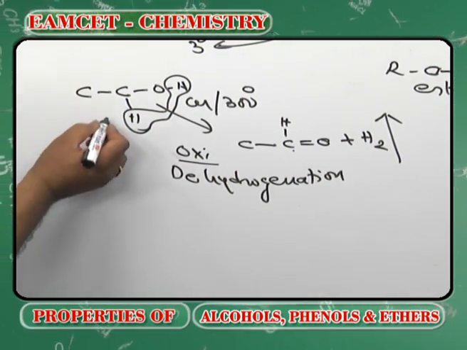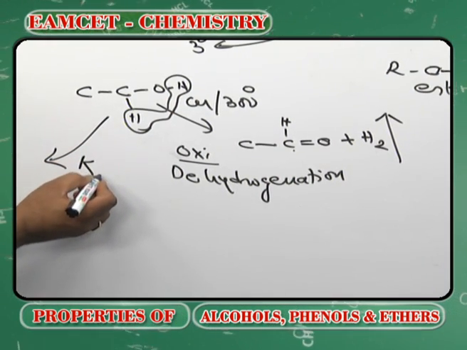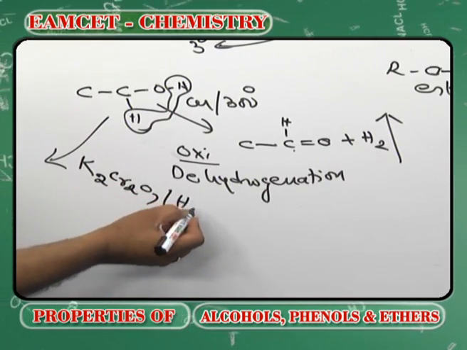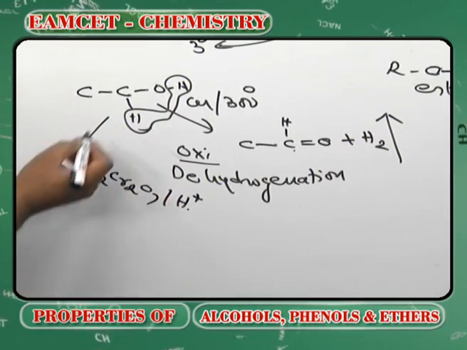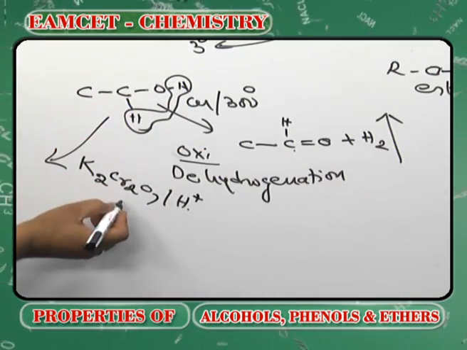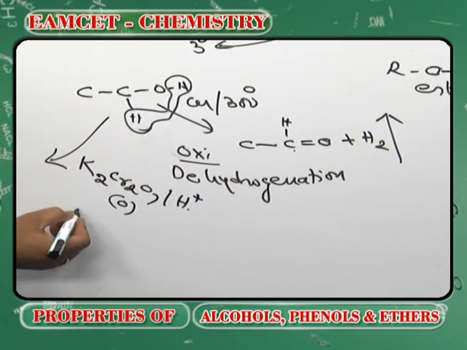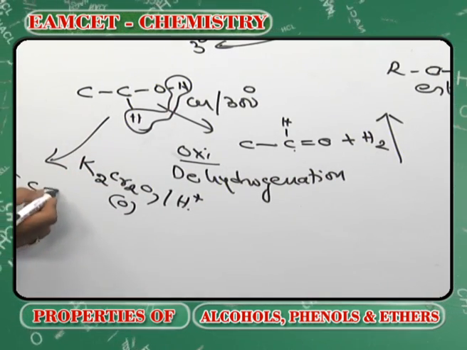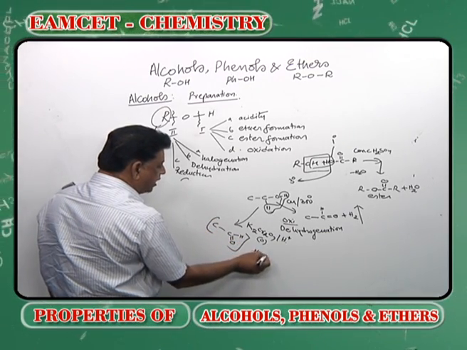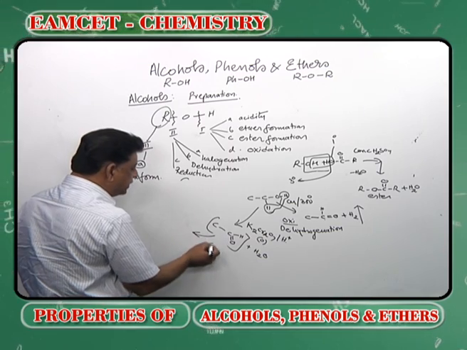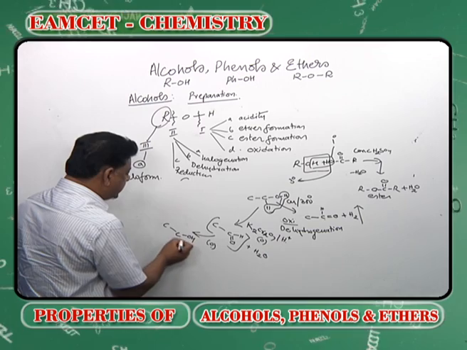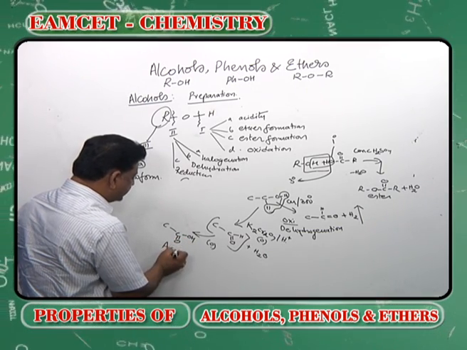If the compound is treated with dichromate or potassium permanganate, K2Cr2O7, in the presence of dilute sulfuric acid (H+), nascent oxygen is liberated and removed as H2O, and the compound becomes an aldehyde. But the aldehyde will not be the final compound. This will be further oxidized with nascent oxygen. The oxygen will come here, and the compound will become OH and CO, that is, a carboxylic acid.